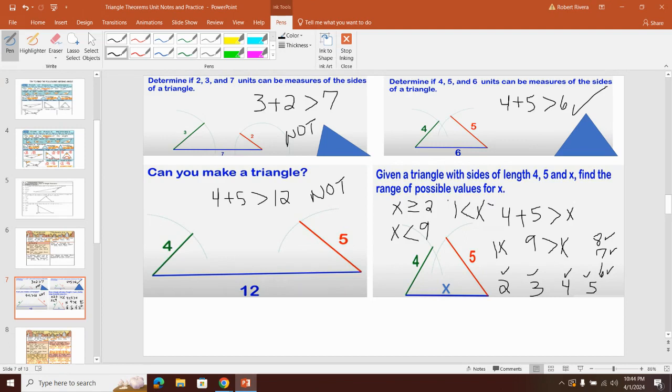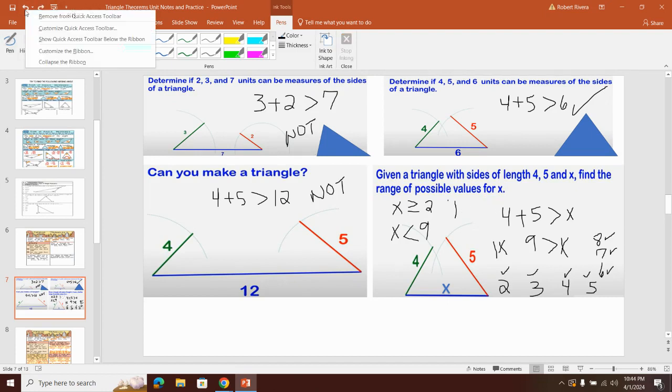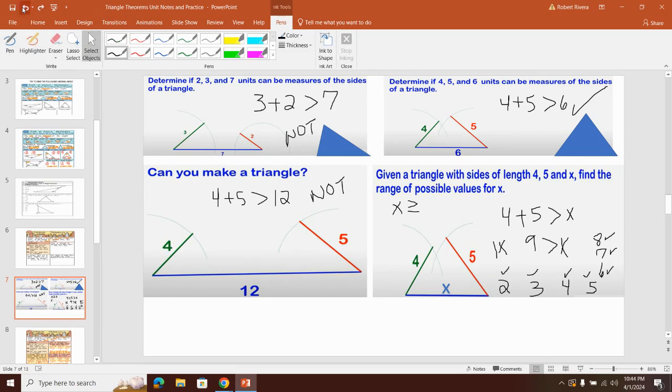But he better be greater than who? Let me delete all this because I don't want to confuse you. Then you get the point.